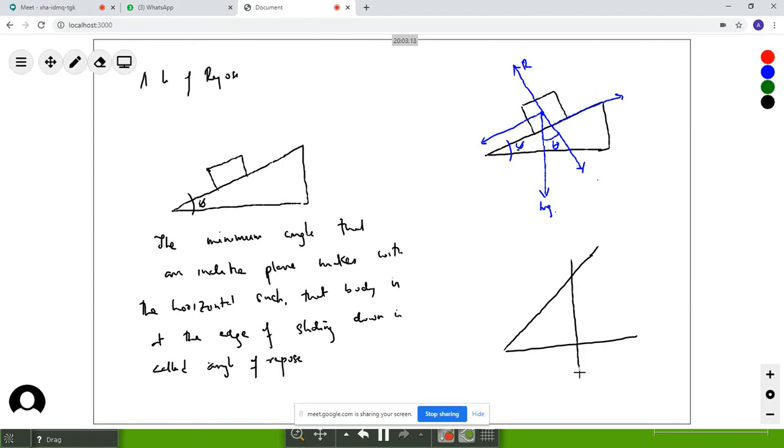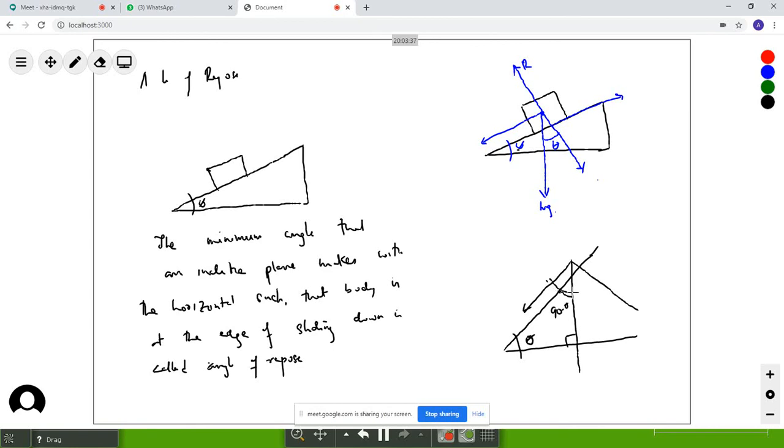So this is our normal. From here, this is one normal, this is another normal, considering that these are almost the same. So if this is theta, what do you think this angle will be? This is 90, yes, sir. This is 90 minus theta.